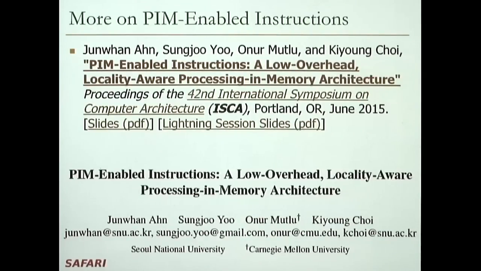Yes? If I do the processing in memory, the two memory rows, do they have to be in the same memory bank? Or can they be anywhere in my main memory? So you're talking, not this idea, right? I mean the whole concept. Or yeah. When I want to add two rows in my main memory. OK, so I think you're really thinking about, oh yeah, I guess in two concepts, sure.